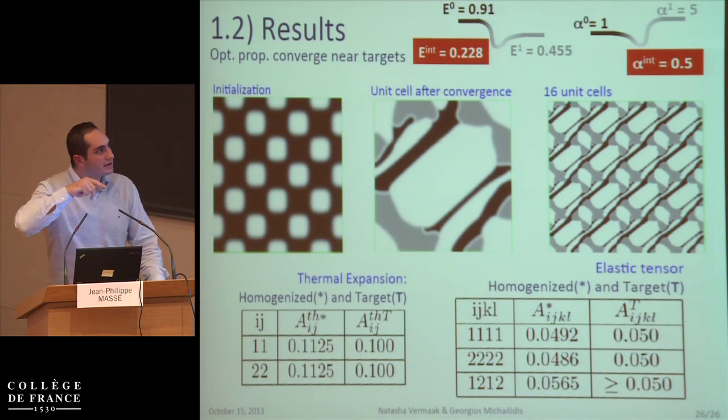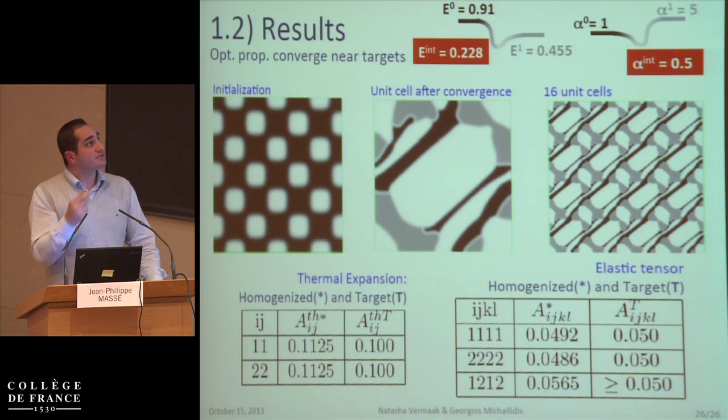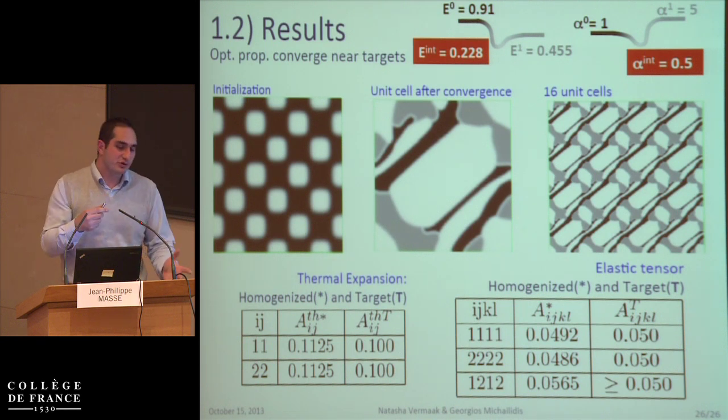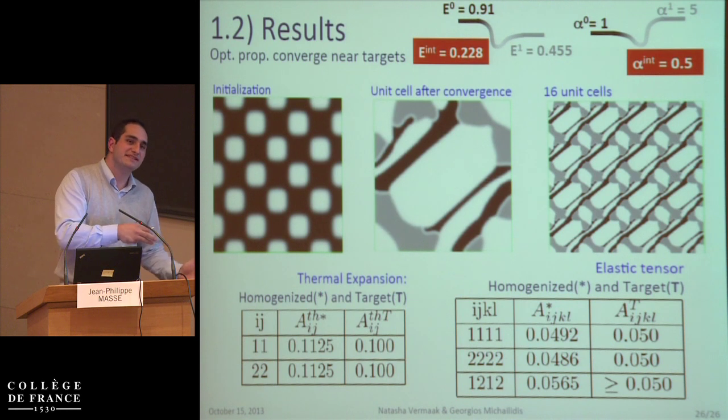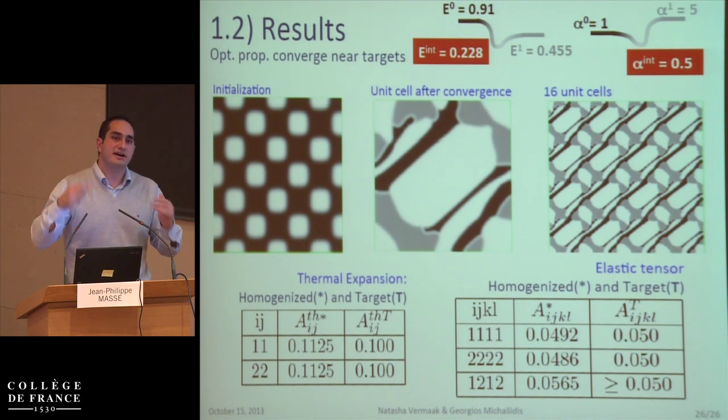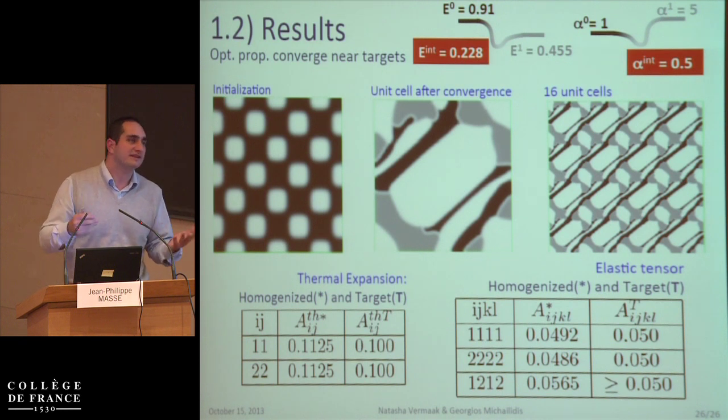Or can we take advantage again of the interface properties in order to obtain materials with properties which cannot be achieved with standard sharp interface models? These are two questions to which we hope to find answers soon.